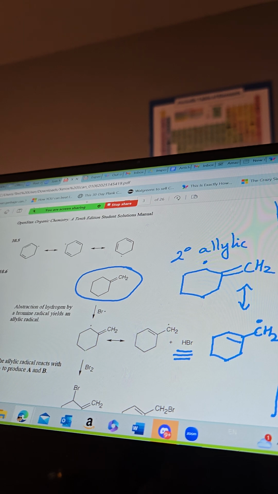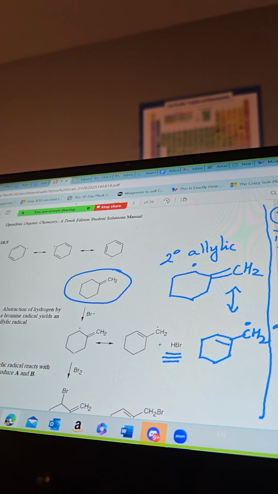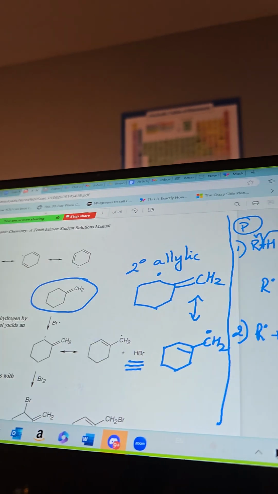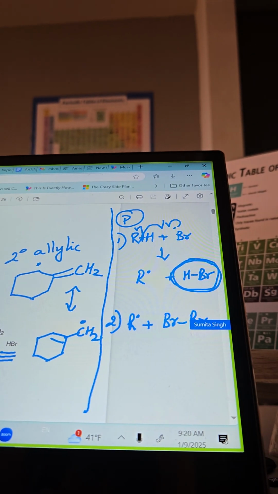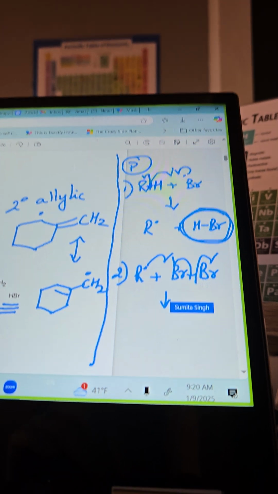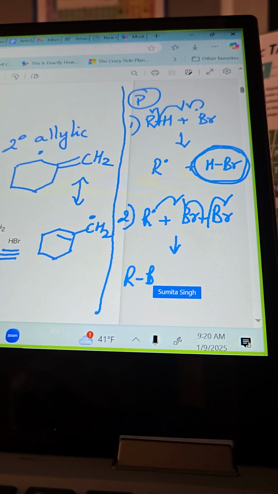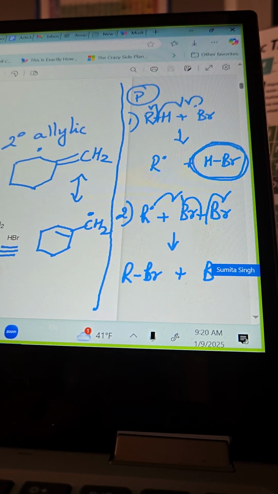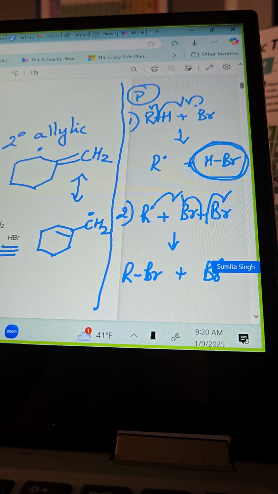That's where it's created. And of course, in step number 2, that radical reacts with another equivalent of the Br2. Do you remember writing this mechanism? Yes. So wasn't HBr created in step number 1? Okay.